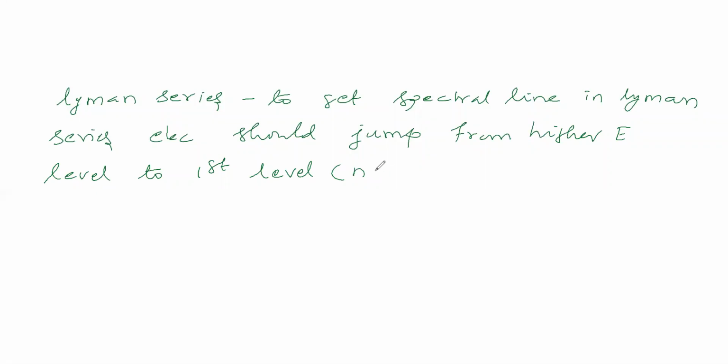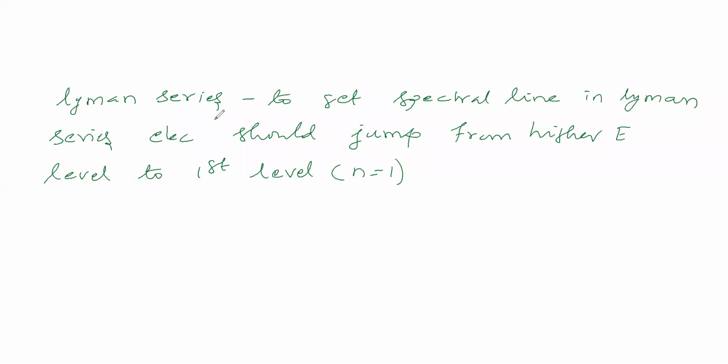First level means n is equal to 1. If the electron jumps from a higher energy level to the first level, then the emitted radiation gives a spectral line in the Lyman series. It is the condition.